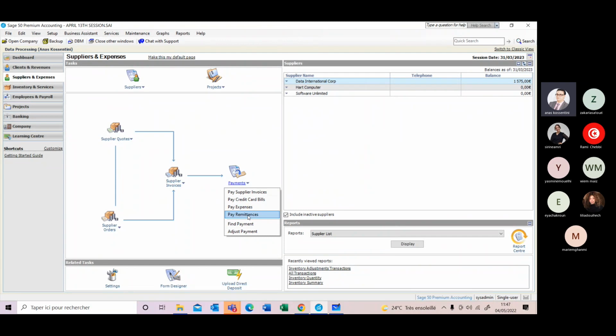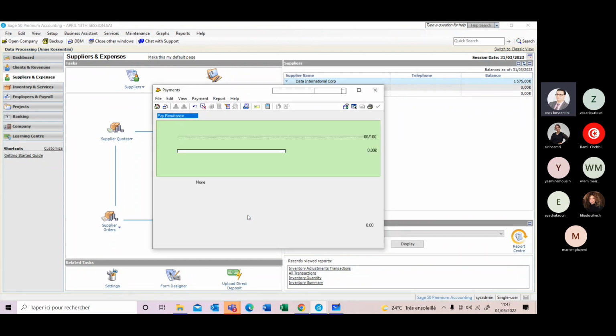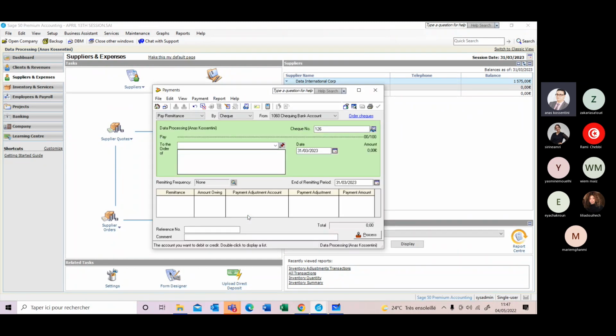You see that pay remittances. But by the way, what do you mean by remittance? This is your question, right? Yes. Guys, do you have any idea about this?